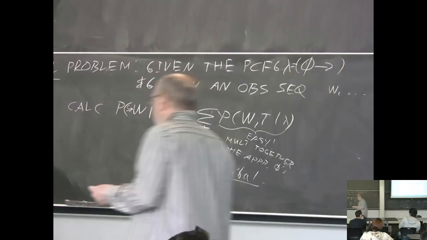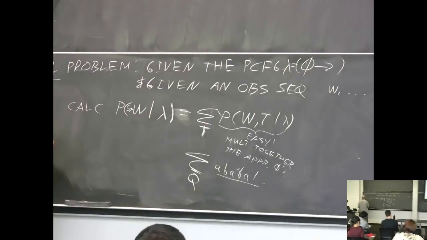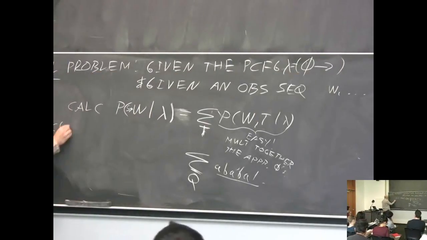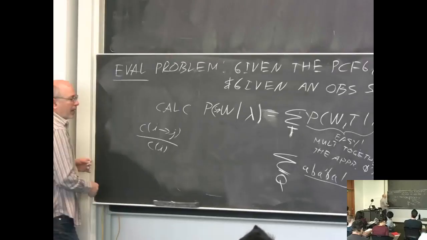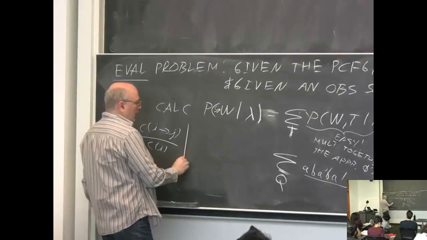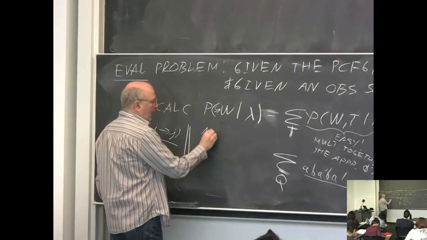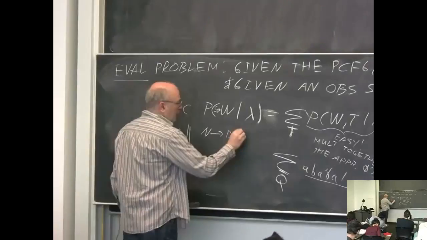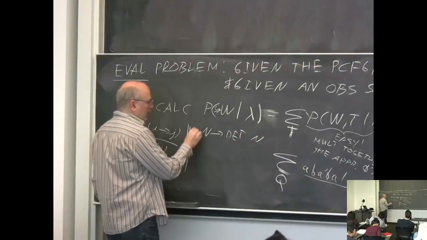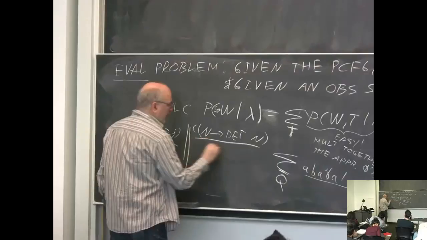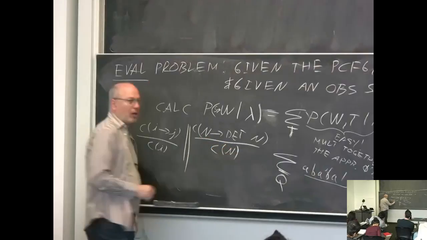In HMM, it would be the number of times you see a transition from I to J divided by the number of times you were in I. In context-free grammars, it would be the number of times you see a transition, say, from noun to determiner noun divided by the number of times you see a noun.